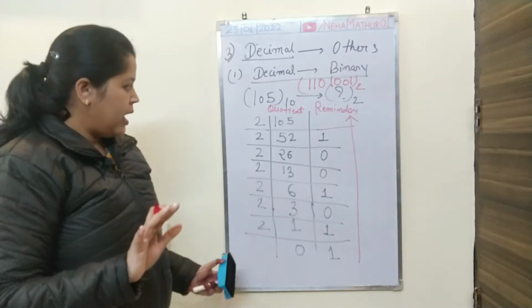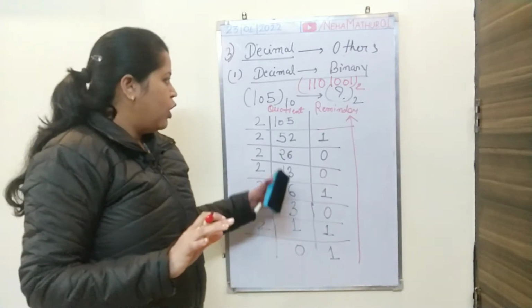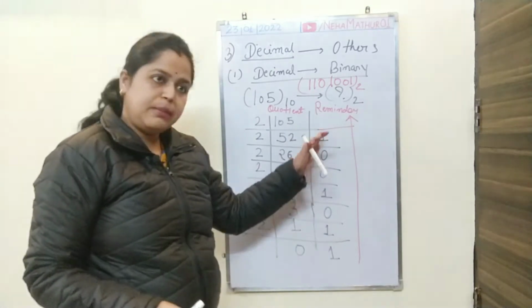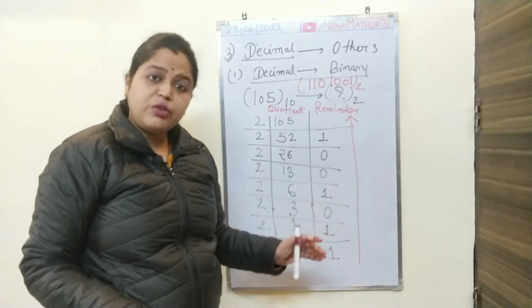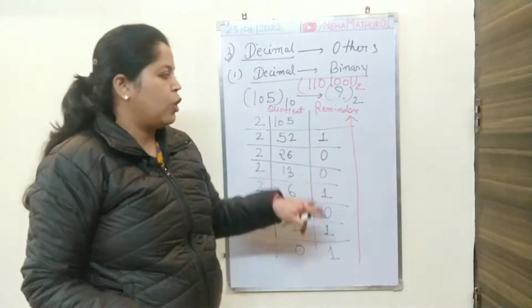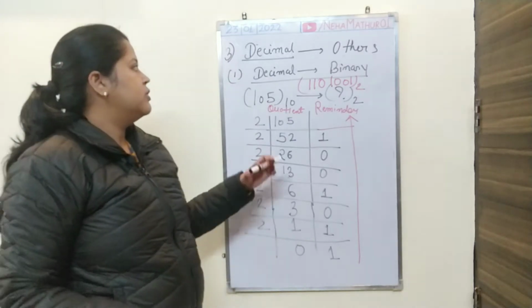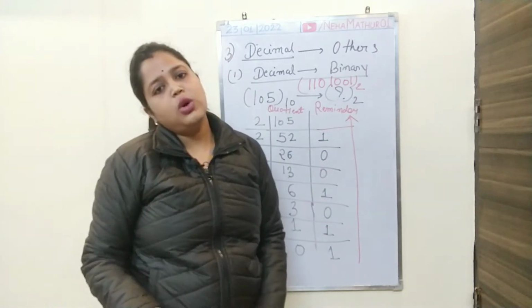If you have done the complete division of the given number by 2, after that you just collect all the remainders, and the remainders have to be read from bottom to top. This is the basic concept. By using that concept, you can convert any decimal number into binary.